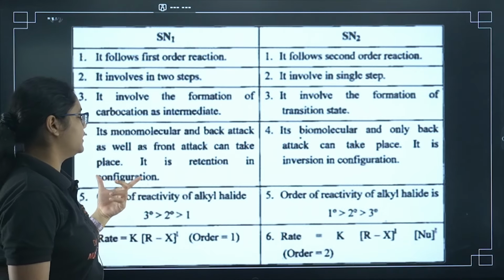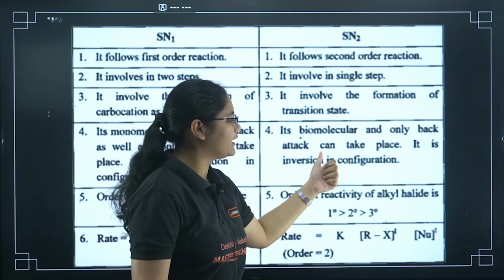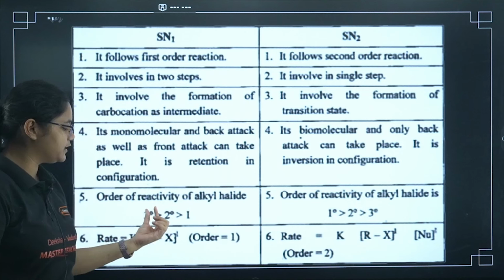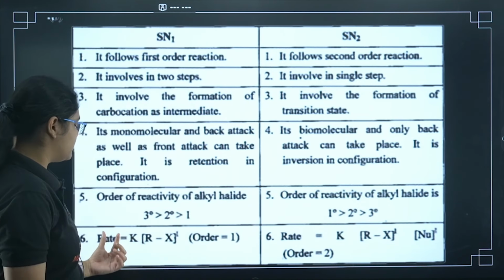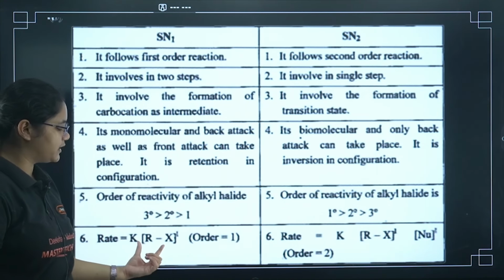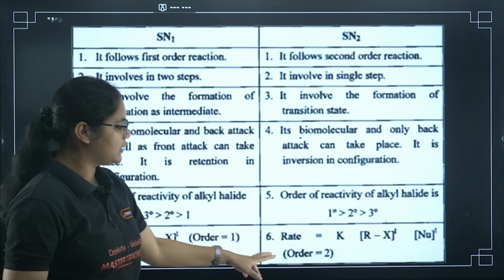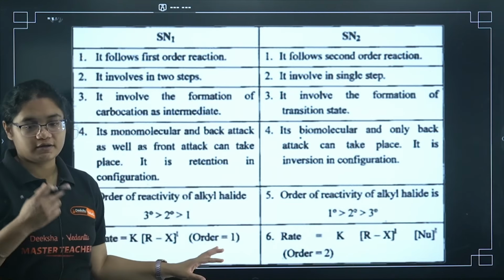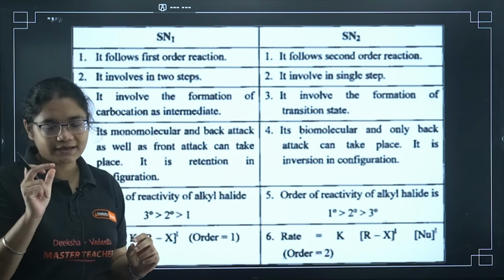It is retention in configuration, and here it is bimolecular and only back attack can take place, and it is inversion in configuration. Order here is 3 degree, 2 degree, 1 degree. Here it is 1 degree, 2 degree and 3 degree. Next, rate is equal to K into RX, where you have the substrate only, and here you have RX and nucleophile both, so it is a second order reaction. Okay, I have read the points. If it is not visible, you can zoom it and check it.